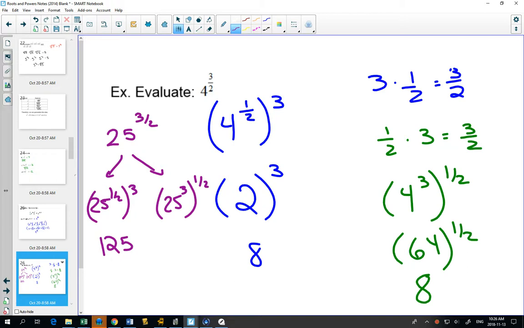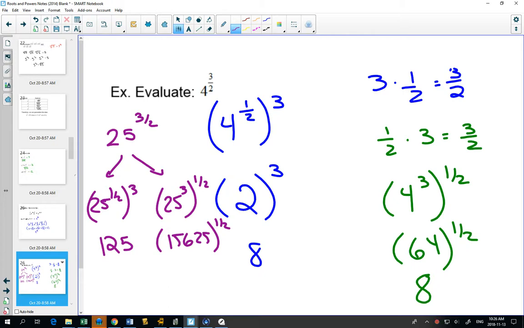If you did the 25 cubed first, what is that? Does someone have their calculator? What is that number? 15,625? And then you have to square root that.